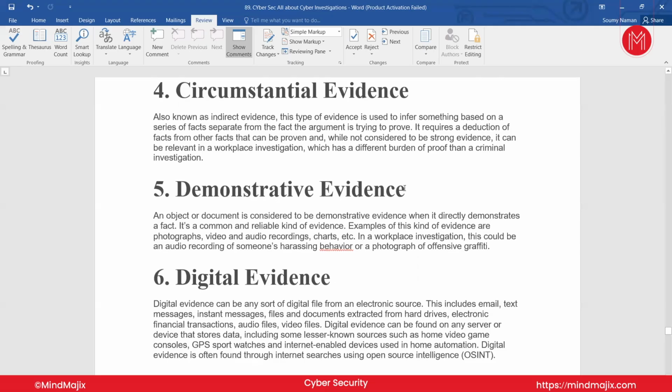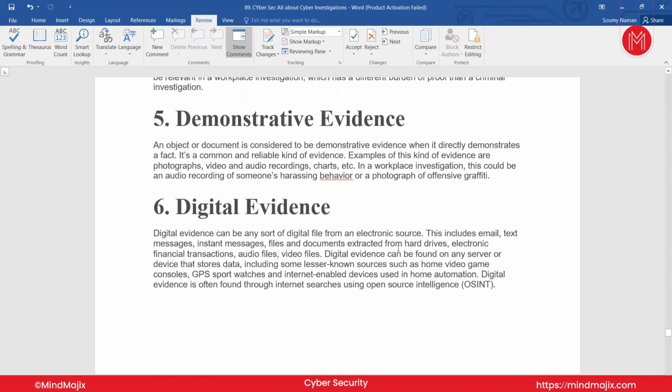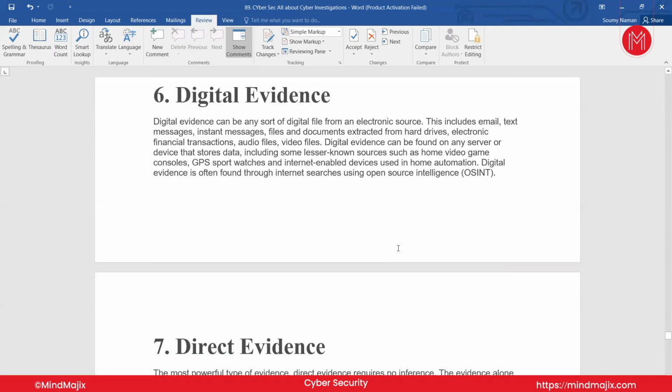Next is digital evidence. As we already discussed a lot about digital evidence, it includes any sort of digital file from any electronic source. This includes email, text messages, instant messages, files, and documents that have been extracted from electronic financial transactions, hard drives, audio files, video files, or other places.